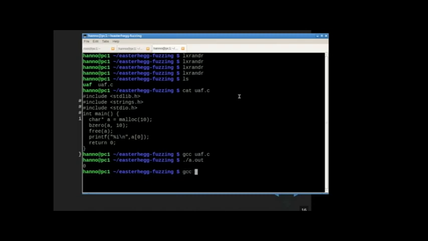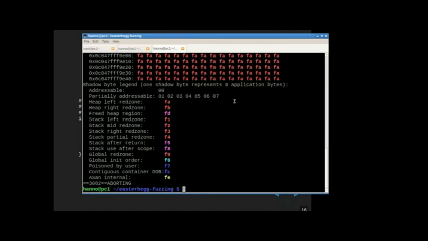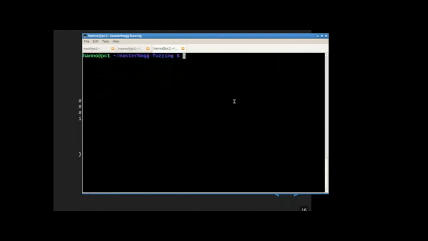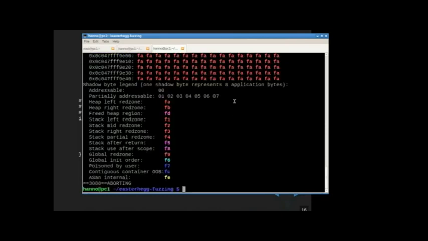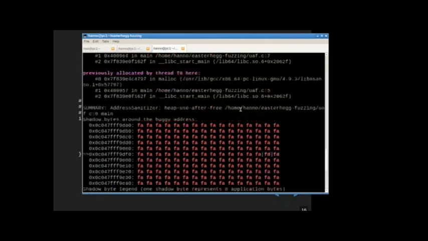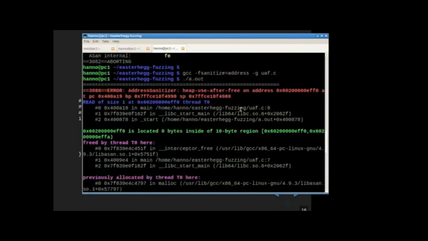Now, if we add address sanitizer to it, and also I add -g, which just gives us some debugging information, then we get a very nice error message.